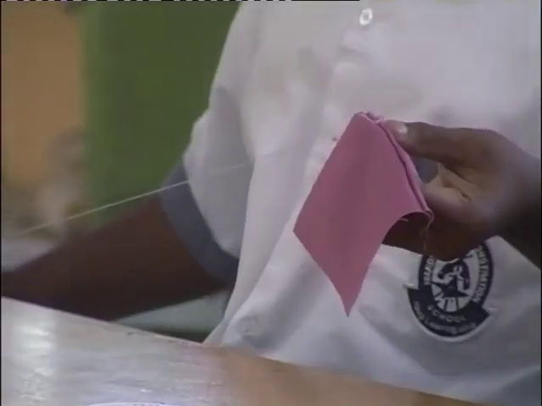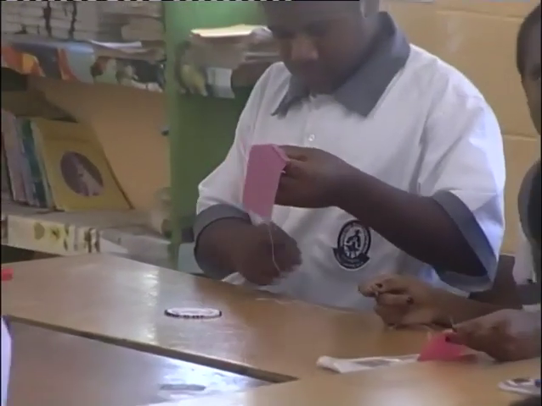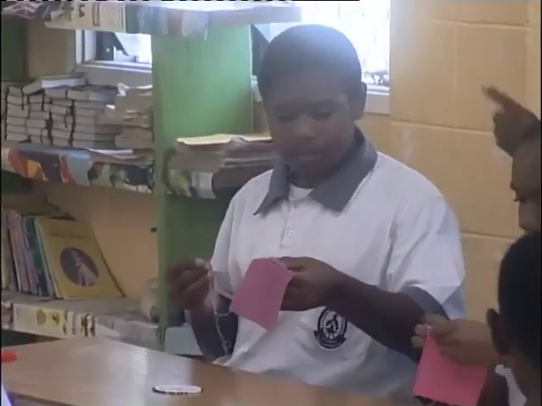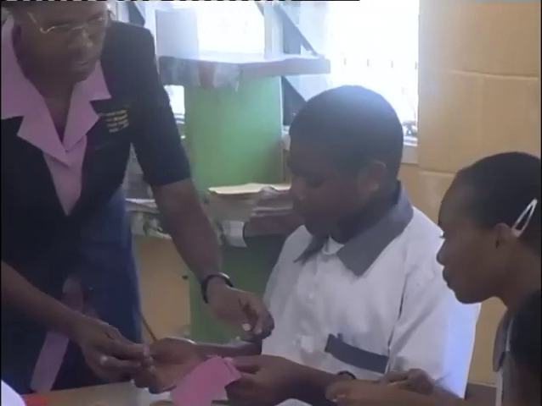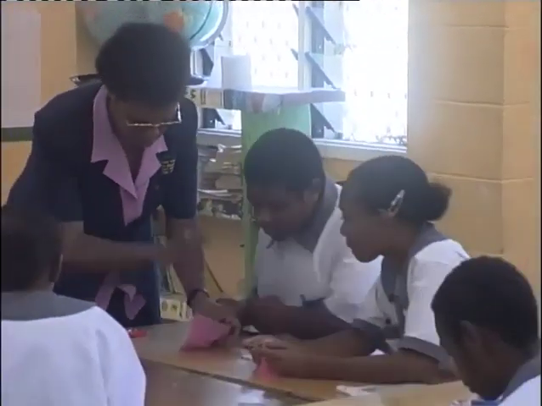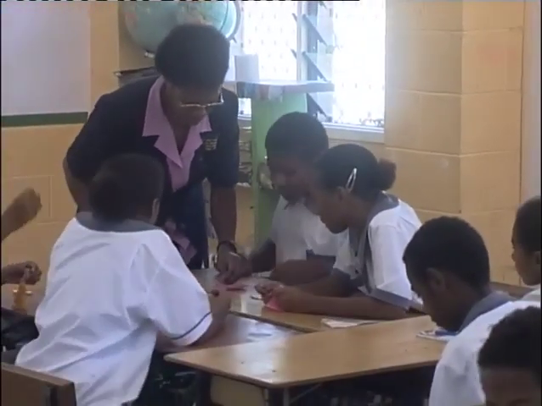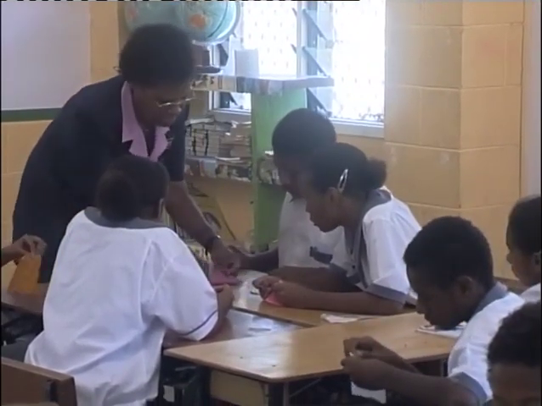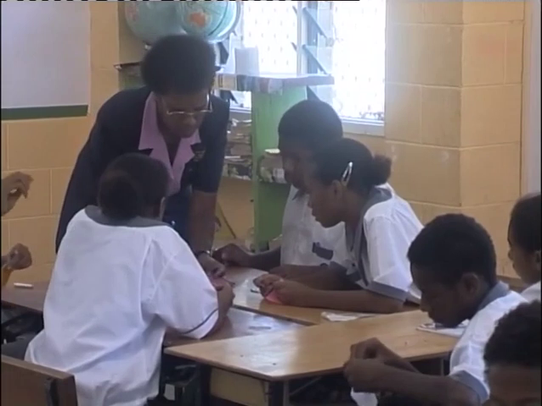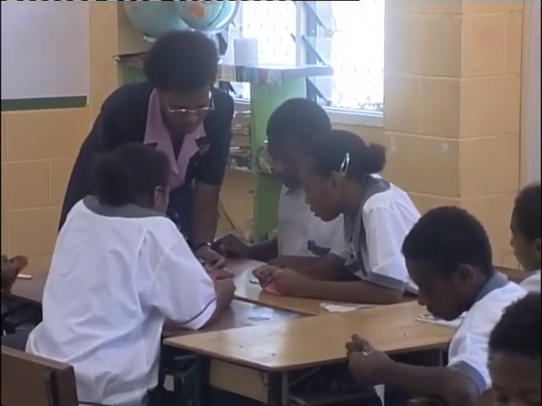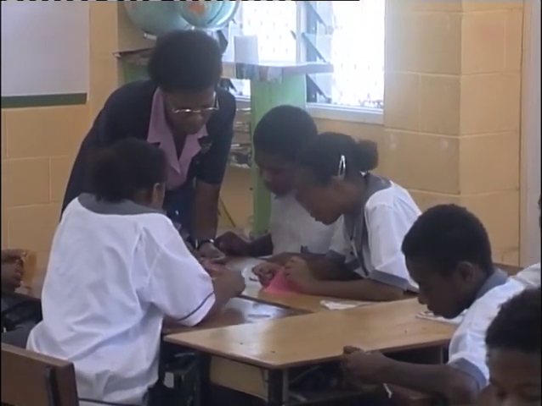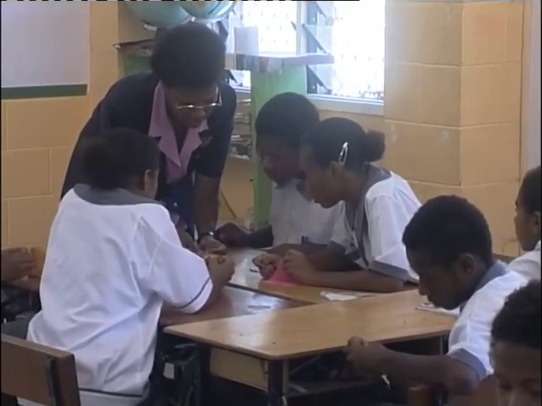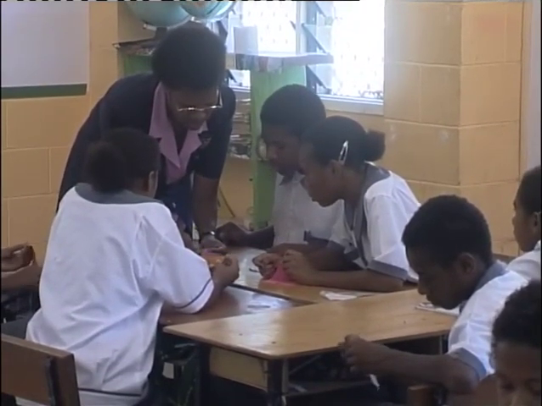Let me see yours. You haven't started yet. Okay, here, see this one. No tying knots, we are making a double stitch. From the fold above, push it down, come up.